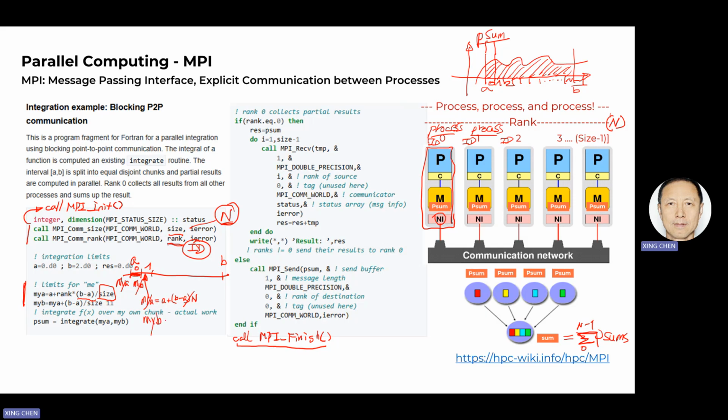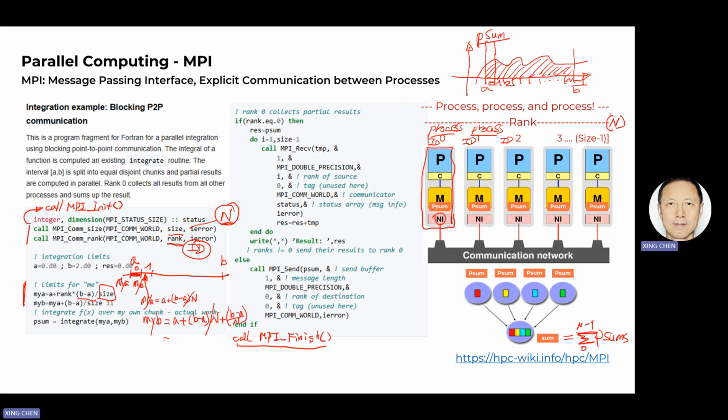My B will be my A plus B minus A divided by N again.